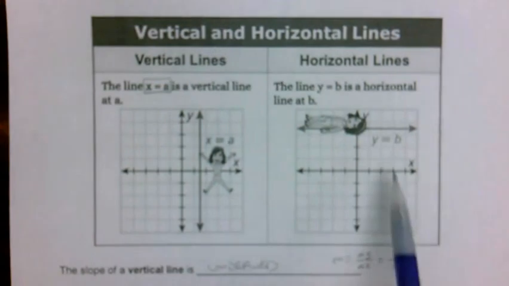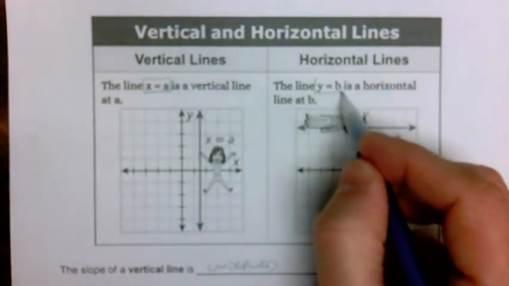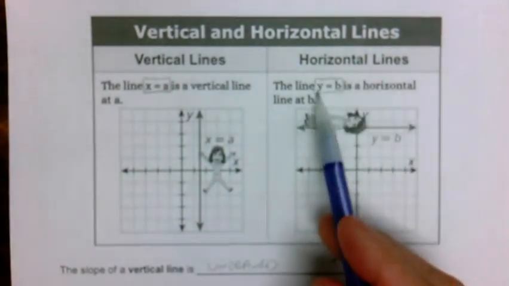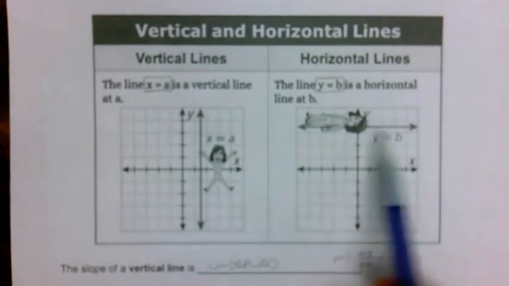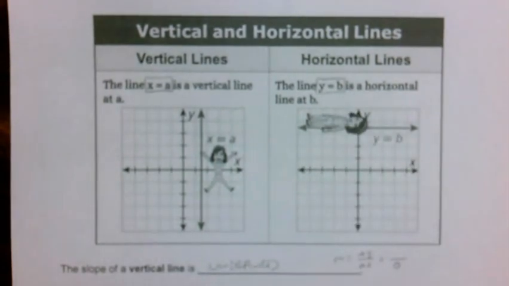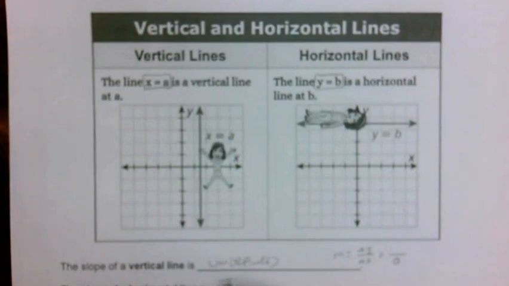If you have a horizontal line, then the equation is going to look like y equals some constant b. Y equals b is the equation of a horizontal line. Every horizontal line is going to have a y coordinate of whatever the value of b is. And remember that the slope of any horizontal line is 0.